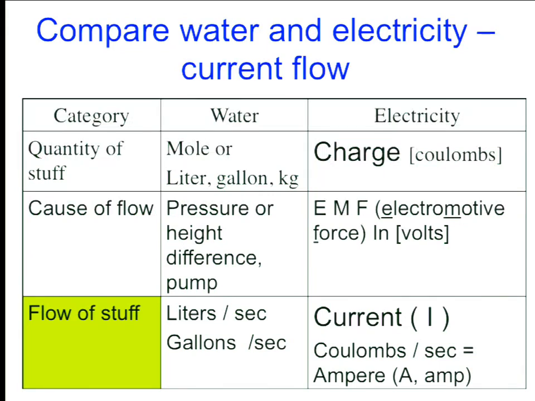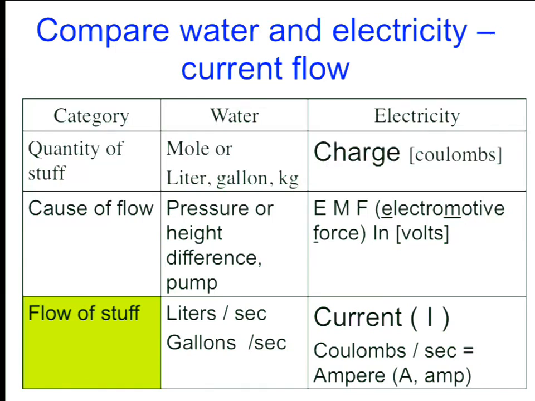In the case of electricity, we measure the number of coulombs, the slug of charge that passes through here. So the electric current is defined as the amount of charge that passes over the time that it passes. It's like coulombs per second. And that has its own special unit because it is so common, and that is called the ampere.